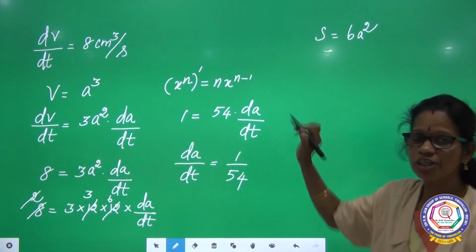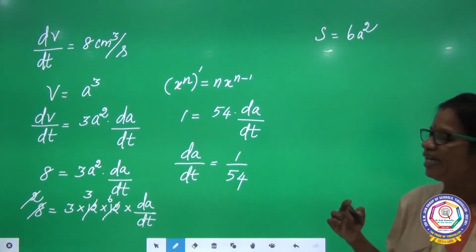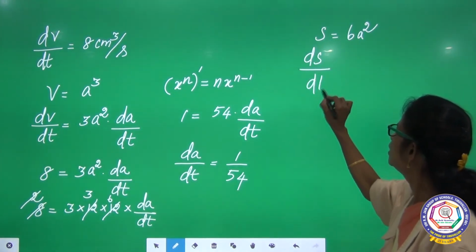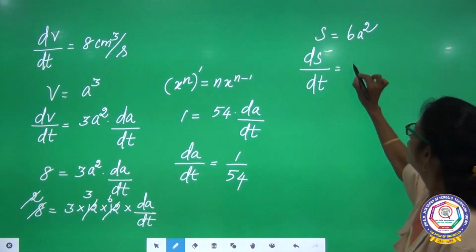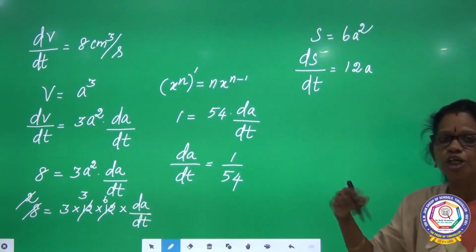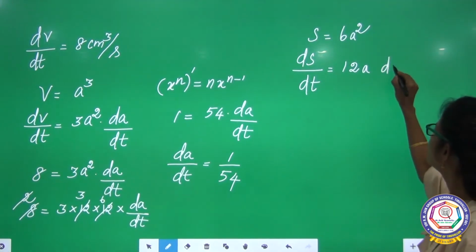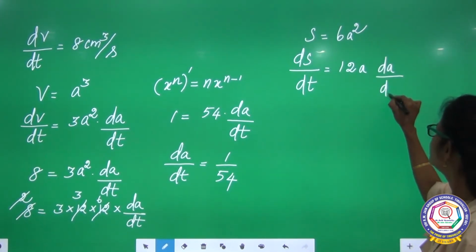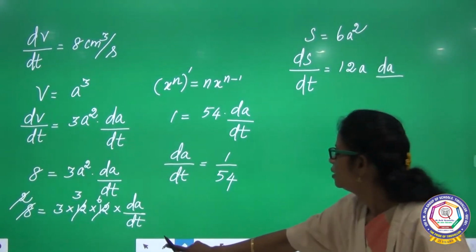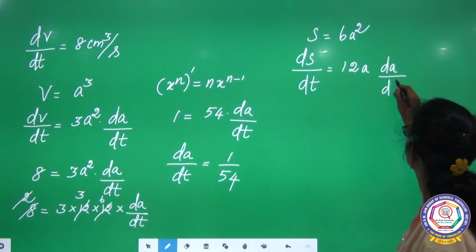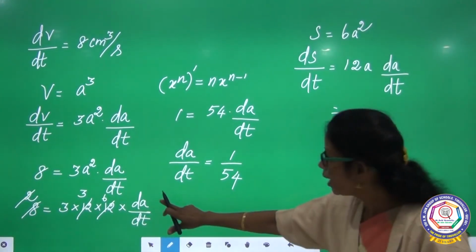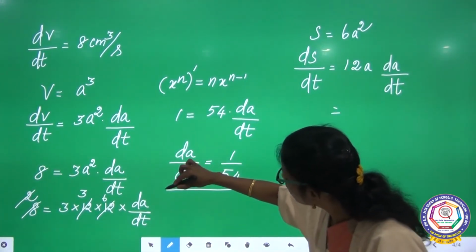Now I am going to differentiate with respect to t, time. dS by dt equal to 12a, then a is differentiated with respect to time, dA by dt, right?